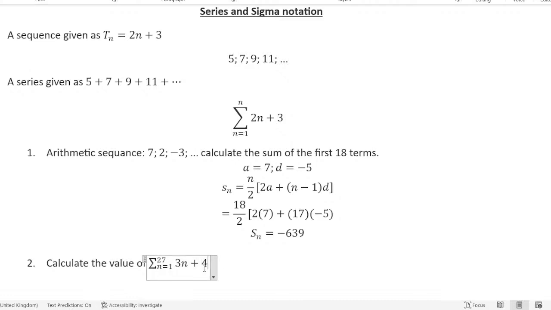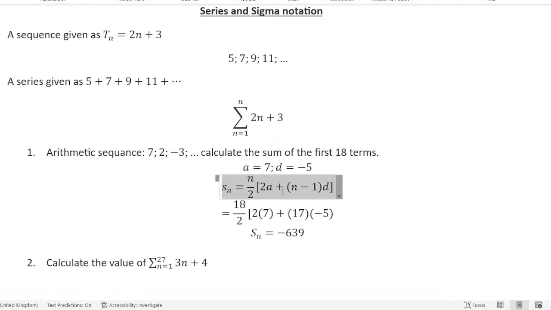So what we need to do here, if you have noticed, is that we are given the last term. The last term is 27. If we are given the last term, we have to shorten this formula.